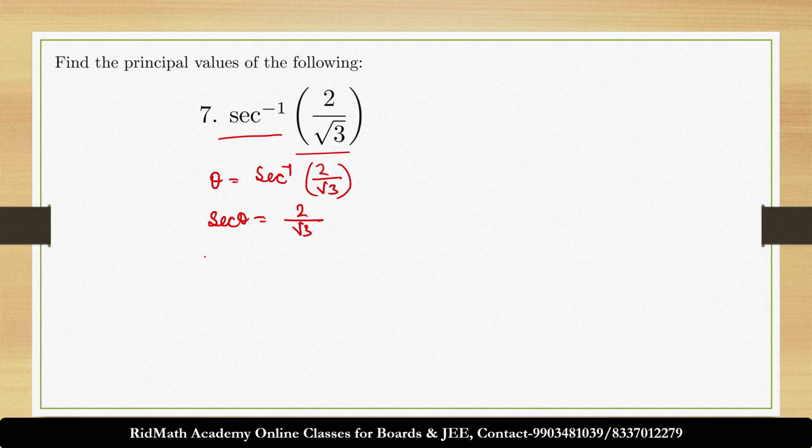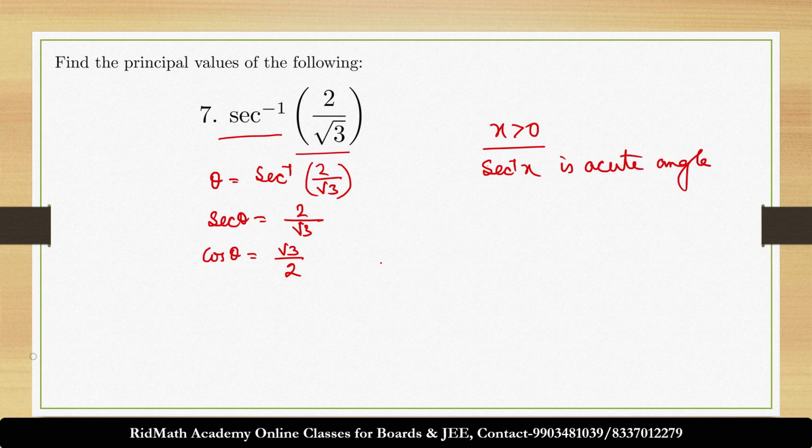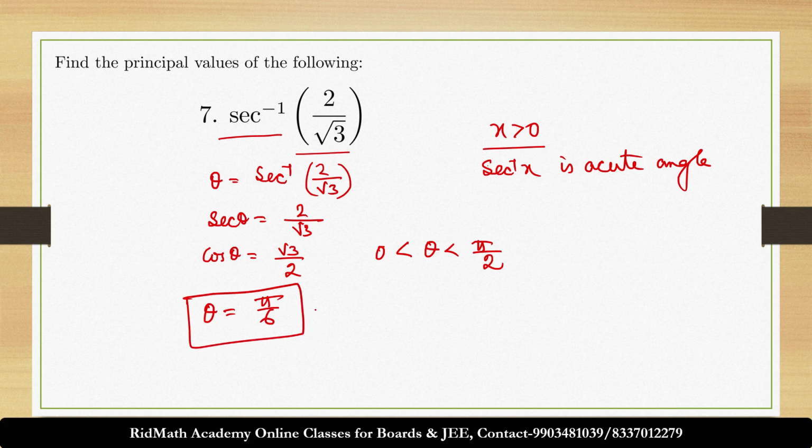Okay, that means cos theta equals root 3 by 2, and here x is greater than 0, so sec inverse x is an acute angle, so theta lies between 0 to pi by 2, and we know that for theta equals pi by 6, cos theta is root 3 by 2, that means theta equals pi by 6. This is the answer.